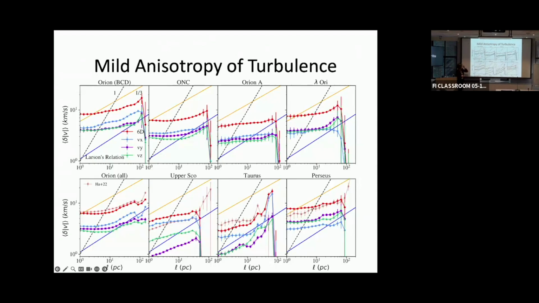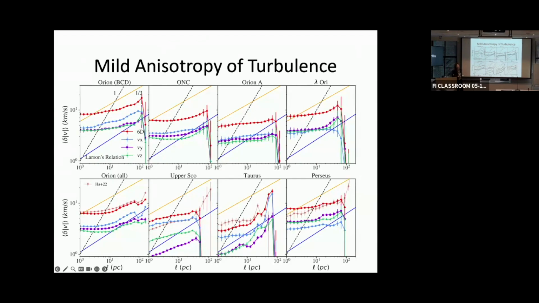And you can see, for the most part, they're pretty similar. There are regions where these lines are well separated. So we sort of called it mild anisotropy of turbulence in the ISM. So it's not really strong anisotropy, but it's also not completely isotropic.